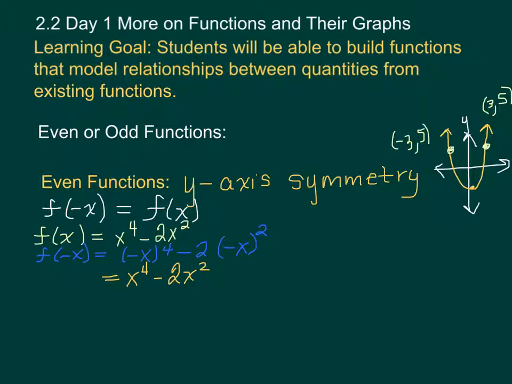So notice that this equation, the original, and f of negative x are exactly the same. Okay, so that is called y-axis symmetry. So basically, even if you change your x's from negative to positive, your y values or your f of x should not change.